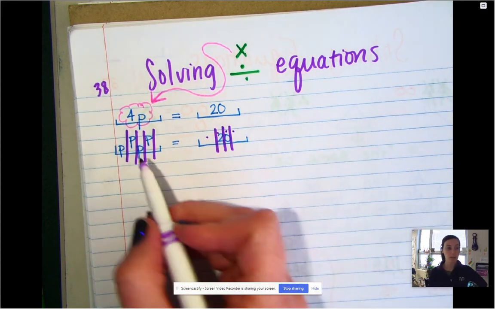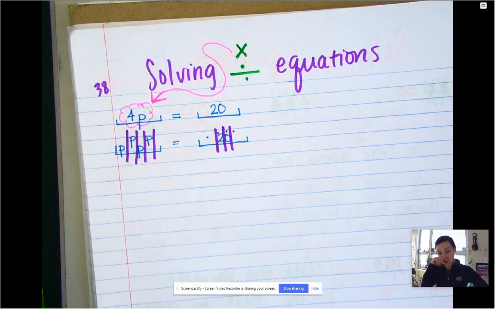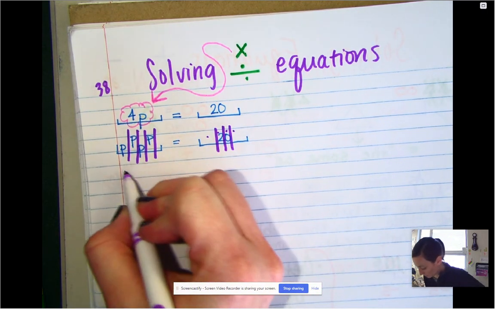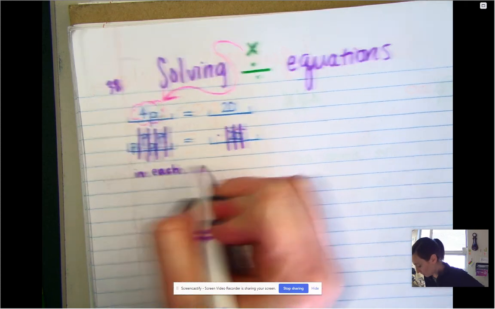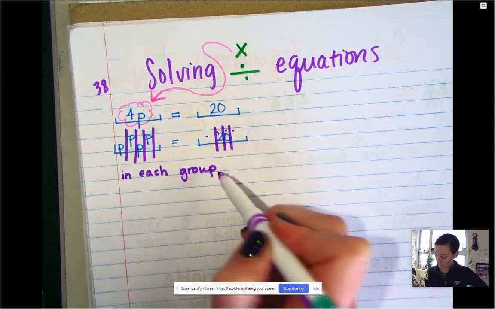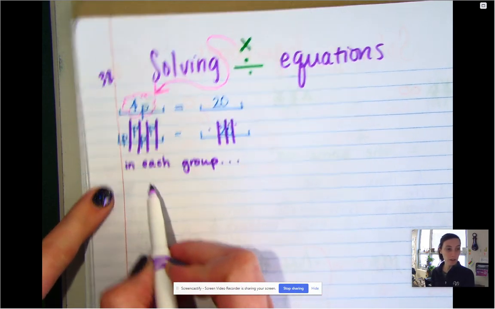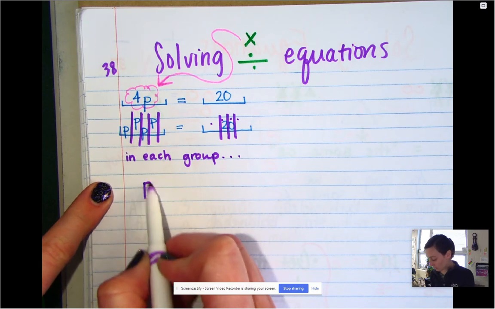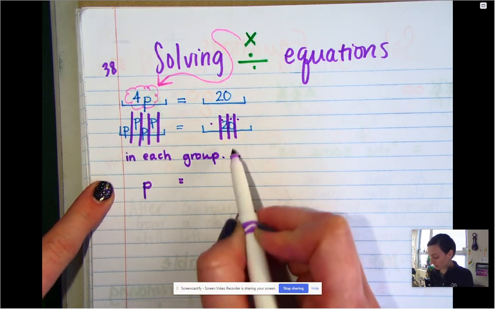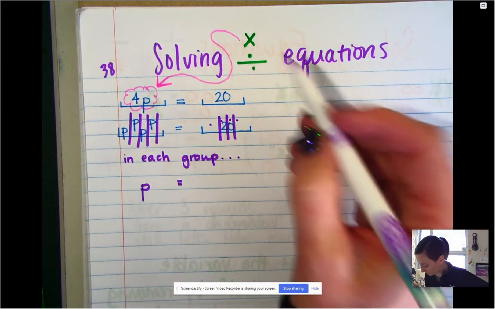So when I split 4p into 4 groups, for each p over here, there is 20 split into 4 groups.